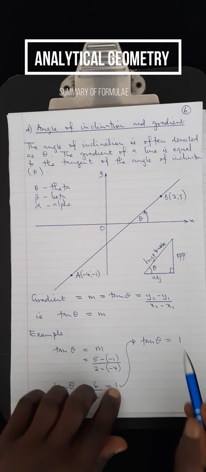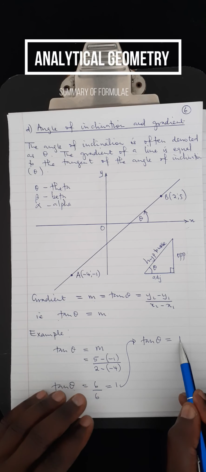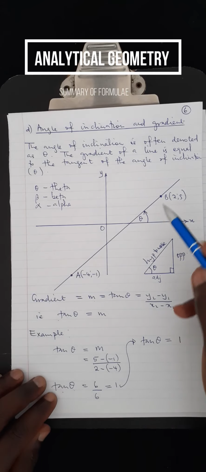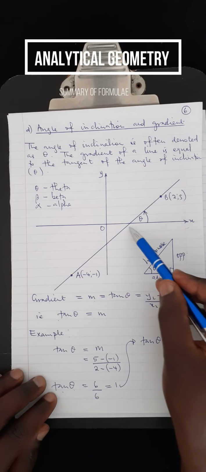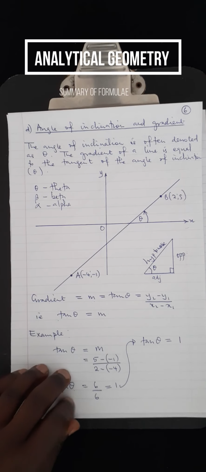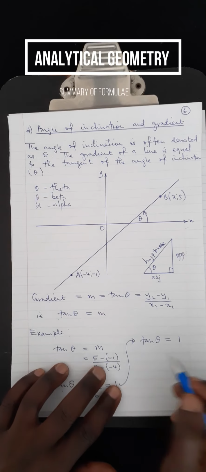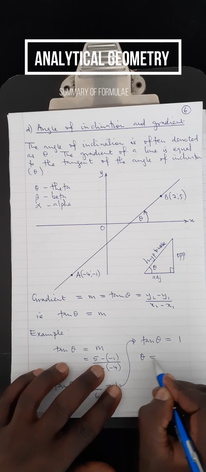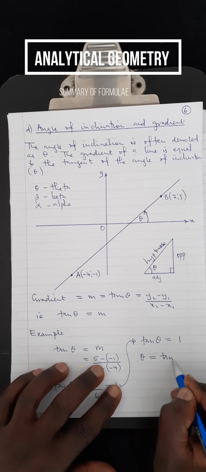1, to calculate the angle between this straight line and the x-axis? So we use what is called the arctan. Our theta is calculated as arctan 1.